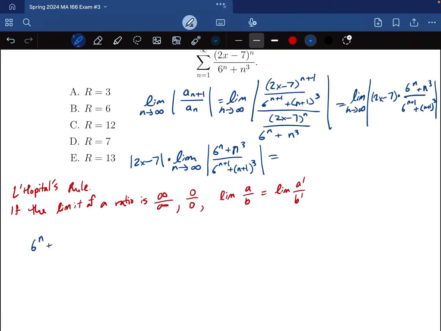So instead of finding this limit, I'm going to take the derivative of both the top and the bottom.